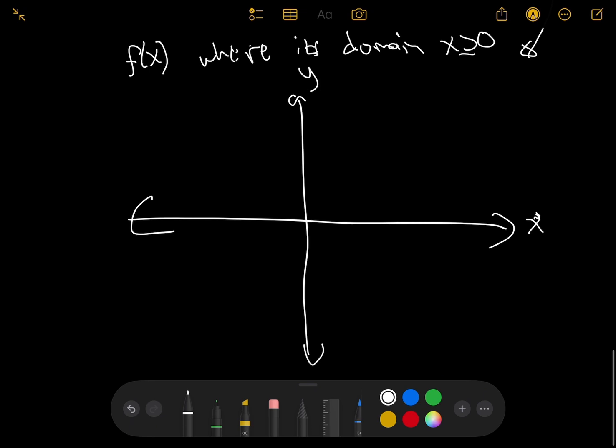Remember that the original graph is something like this, and then all the way to the positive. But now since the domain is greater than or equal to 0, this is the graph that we sketch. We leave out the one on the negative x, okay?